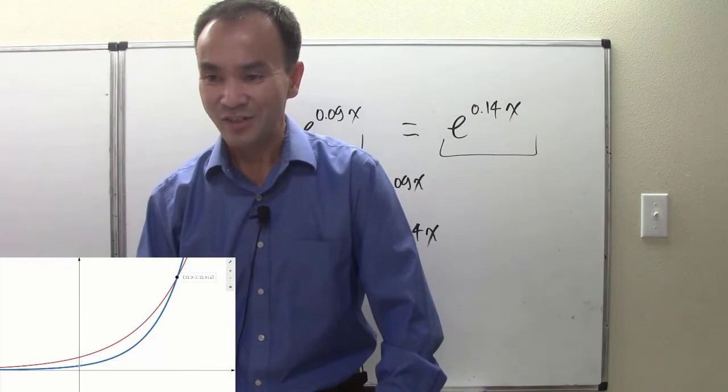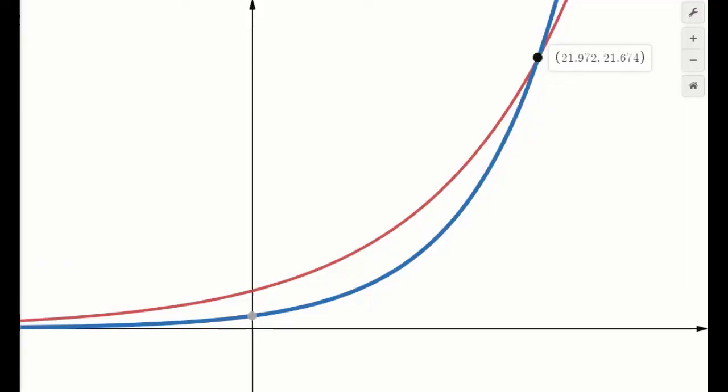Let me put that in full screen view. If we look back at our work in example 1, this was the value that we found to 3 decimal places: 21.972. That was the x value satisfying the two functions, the two graphs.